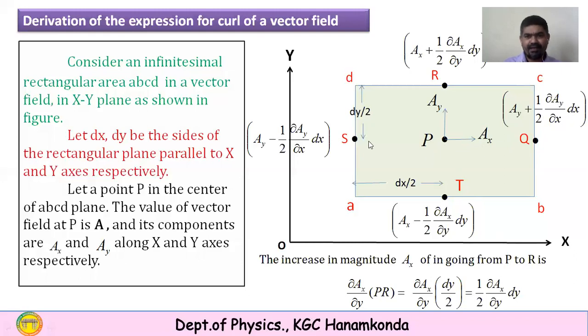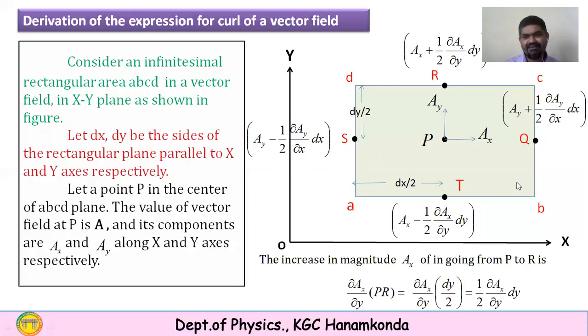For example, at point S, here I am going from point P to S. Certainly here the field decreases. Therefore, the decrement is the rate of change of the field value, the y component along the x-axis, that is nothing but ∂Ay/∂x into how much length? 1 by 2 dx, because P is the midpoint.